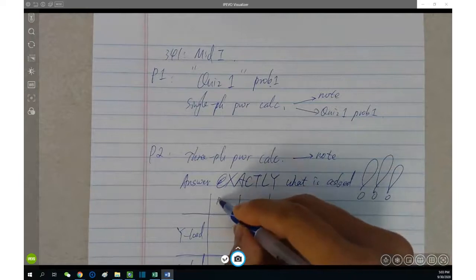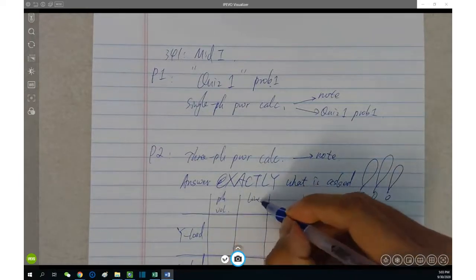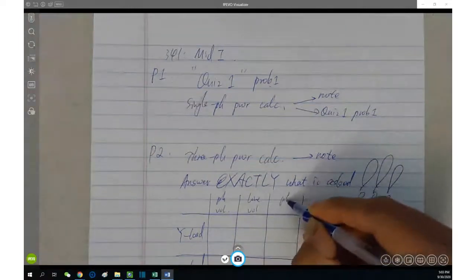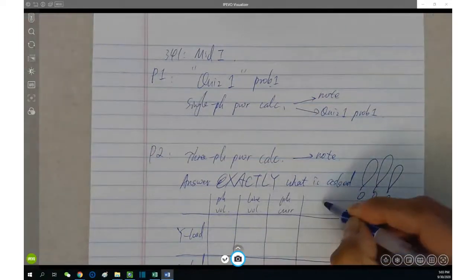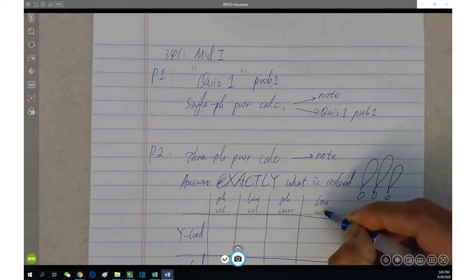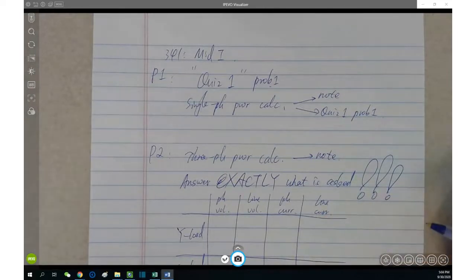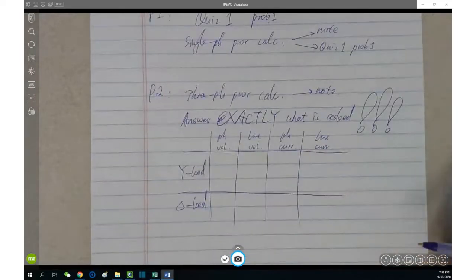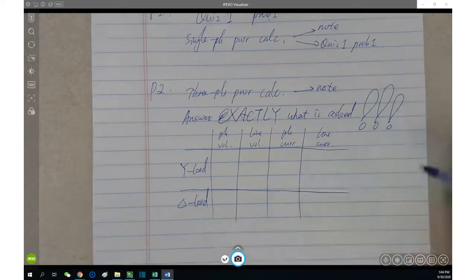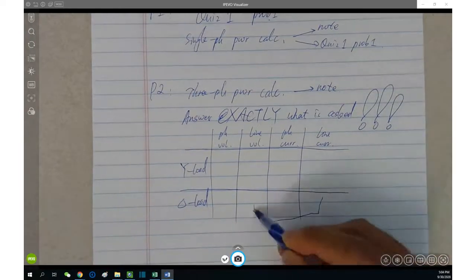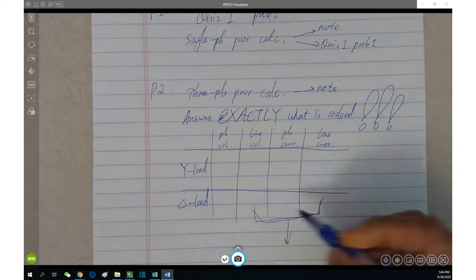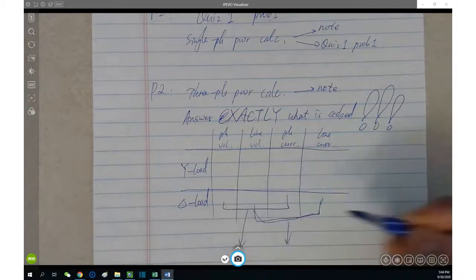I might ask for the phase voltage, line voltage, phase current, line current, right? I might ask any one of these, up to 8. And correspondingly, you can use line or line to power or phase to phase to find the power, right?